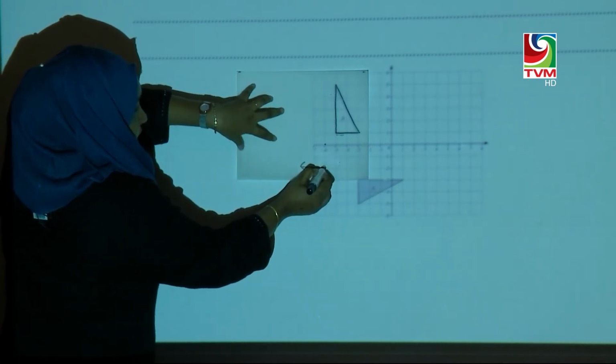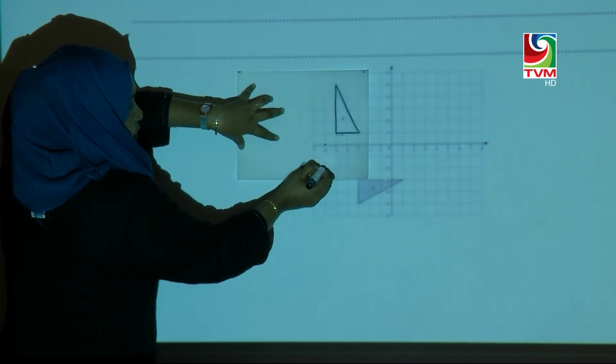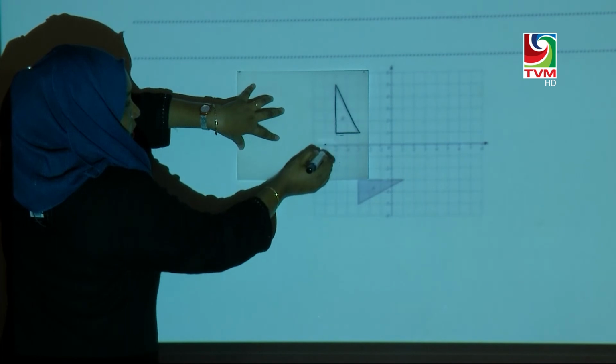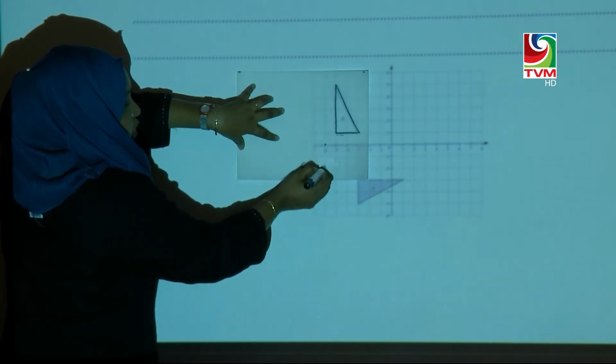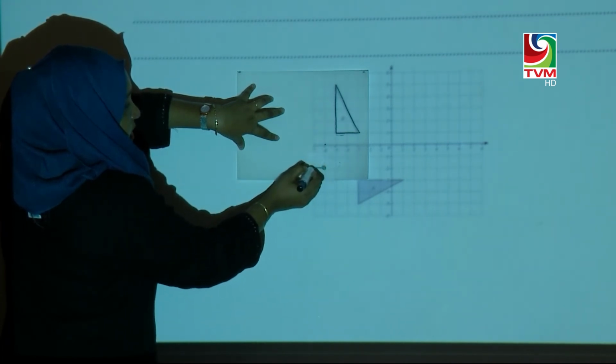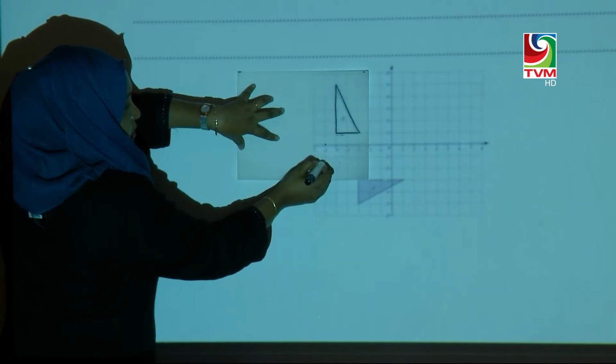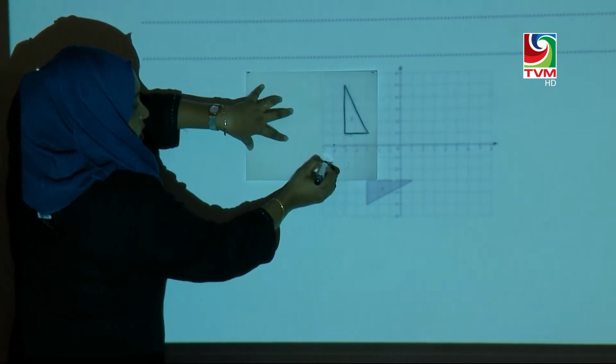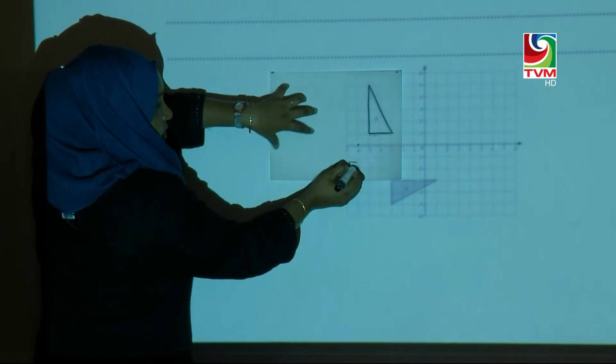As you can see, before we carry out this rotation, the arrow is vertical. Now it is horizontal. That means it's a 90 degrees rotation.